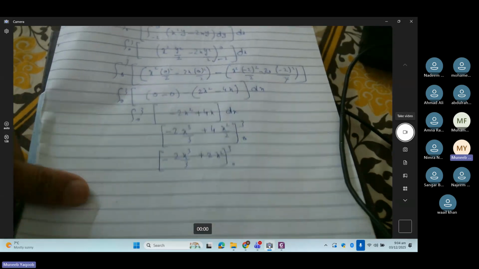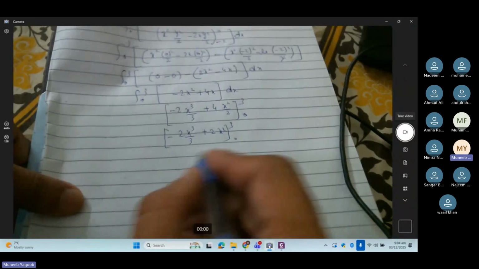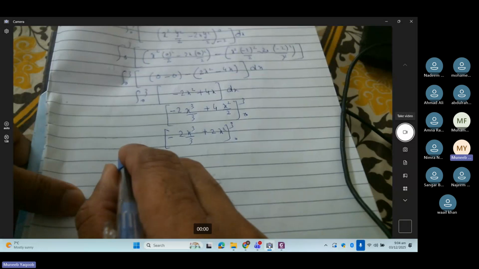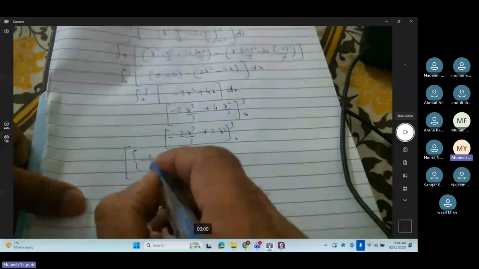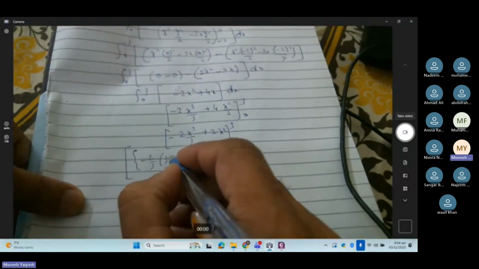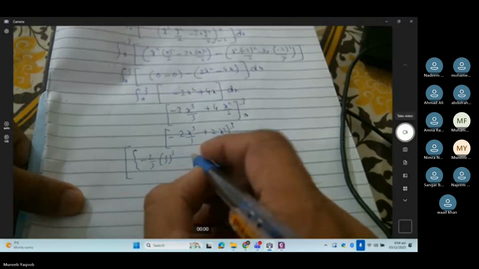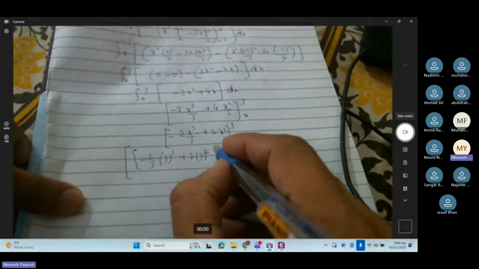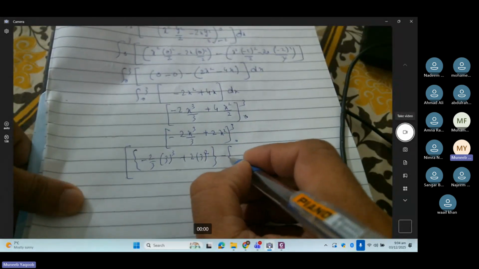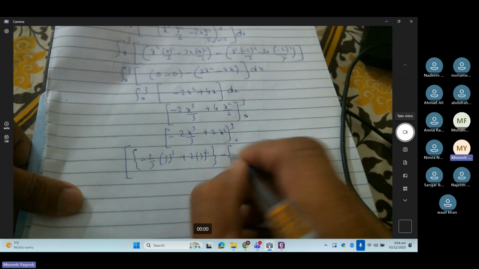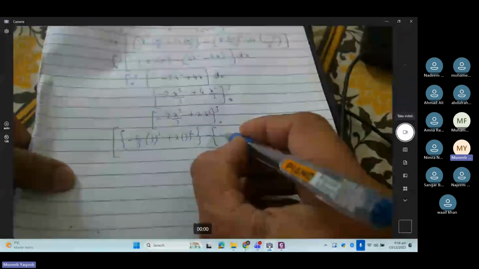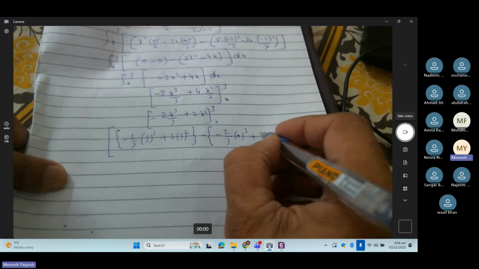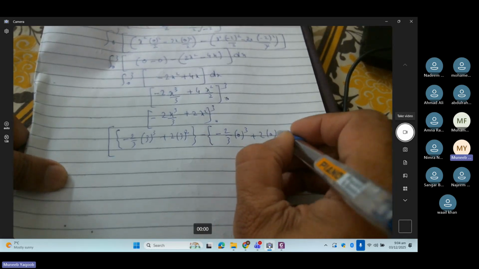So first we simplified the function, and now we will apply the limits. First, we will apply the upper limit. So minus 2 upon 3 into 3 cube plus 2 into 3 square, and then we will apply the lower limit, which is minus 2 upon 3 into 0 cube plus 2 into 0 square.